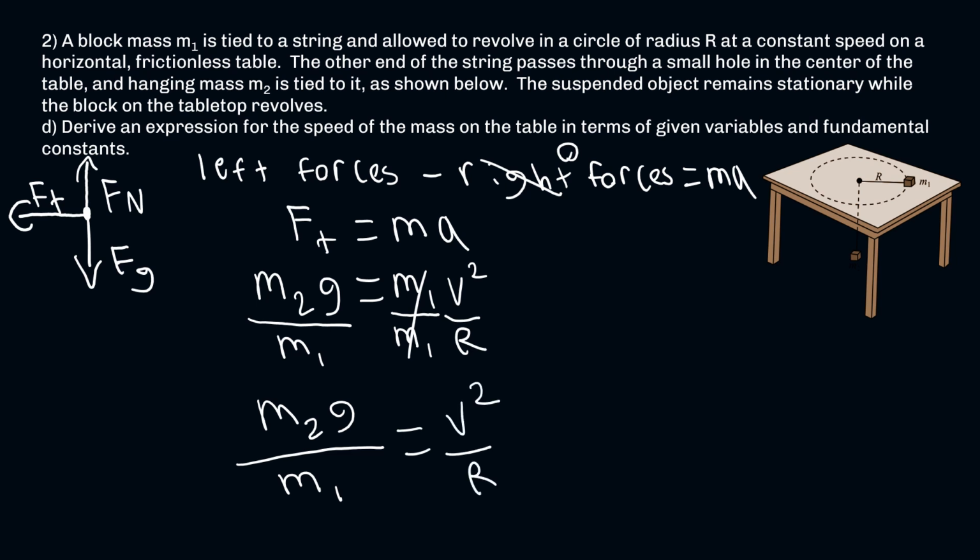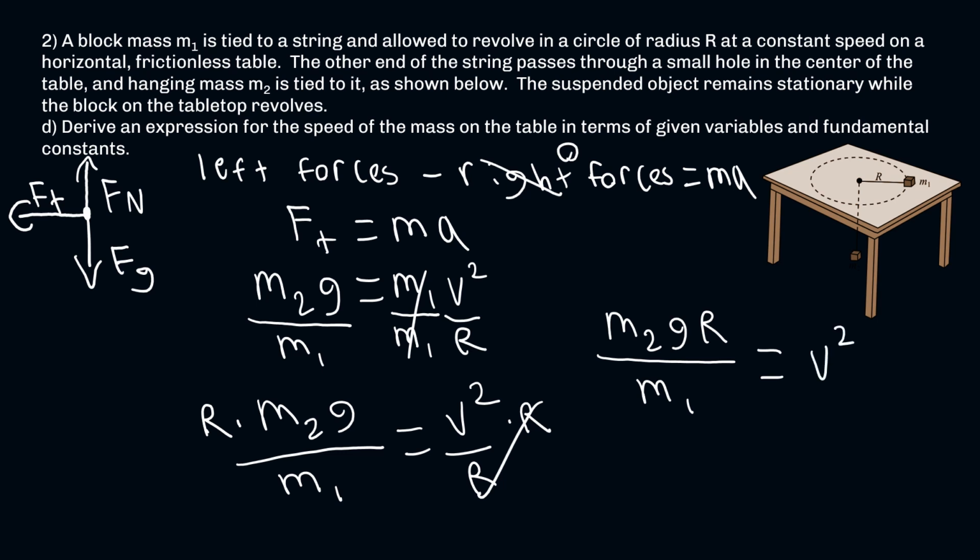Now I want to get v squared by itself. It's being divided by r, so I do the opposite and multiply r on both sides of the equation. Then I have m2 times g times r all over m1 equals v squared.